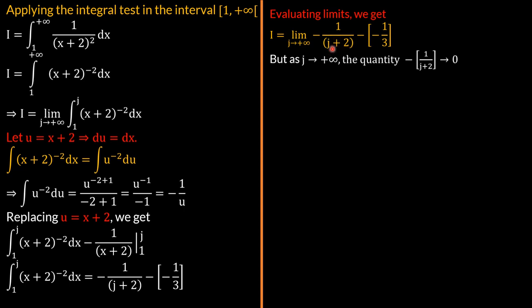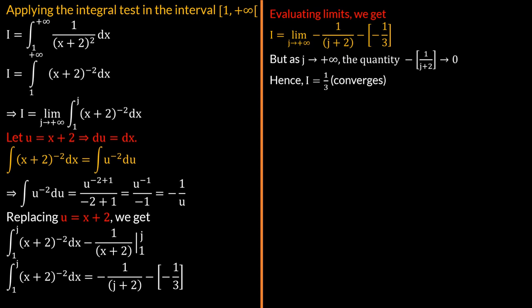And as j keeps on increasing, 1 million, 100 million, you clearly see that this ratio tends to 0. So as j tends to positive infinity, the quantity negative 1 divided by (j plus 2) tends to 0, and we are left with only negative into negative 1/3, and therefore we can conclude that I is equal to 1/3.